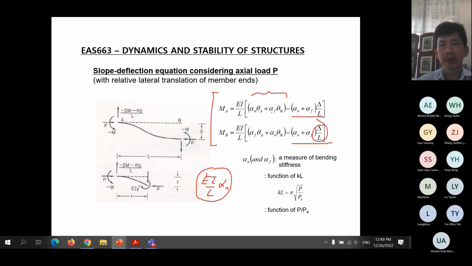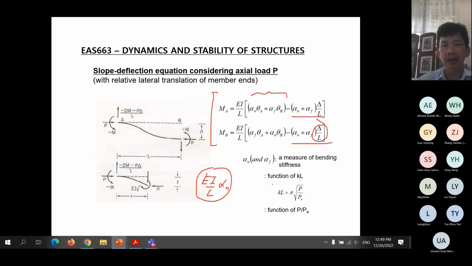EI over L will also be multiplied with alpha f. So alpha n and alpha f, which are multiplied with EI over L, are coefficients that affect the bending stiffness. So alpha n is a coefficient multiplied on bending stiffness. It will affect the bending stiffness of the member because of the effect of this extra load P.